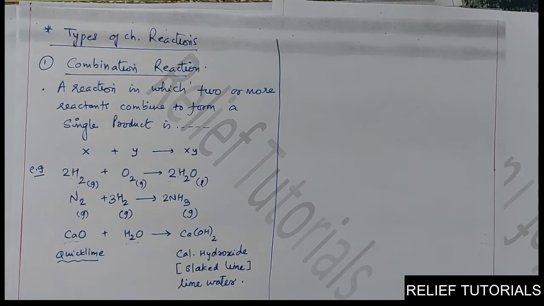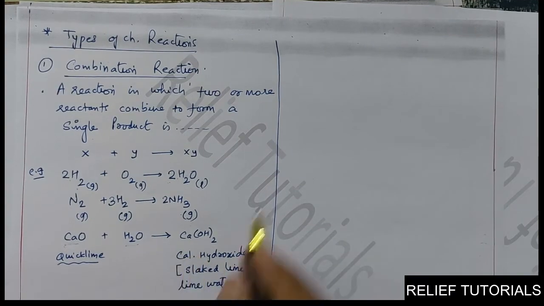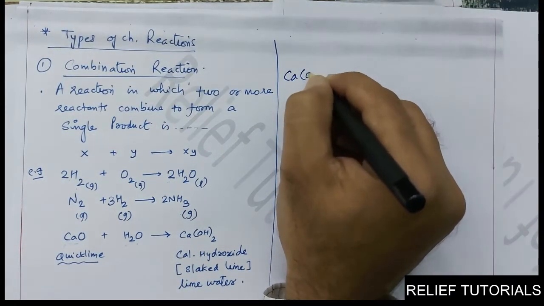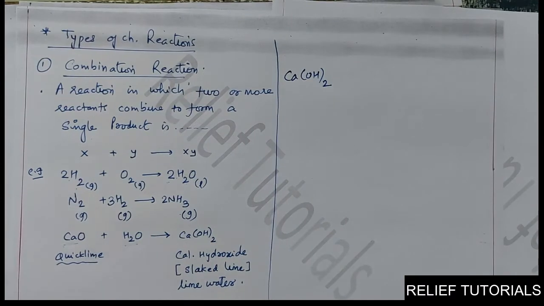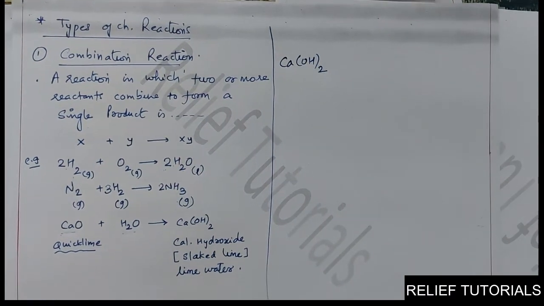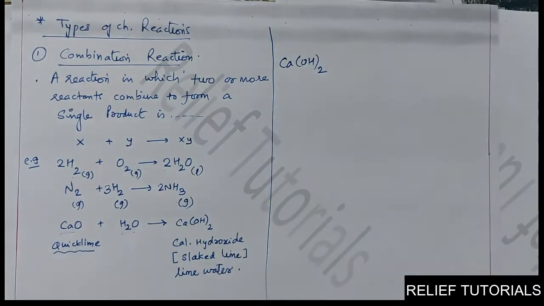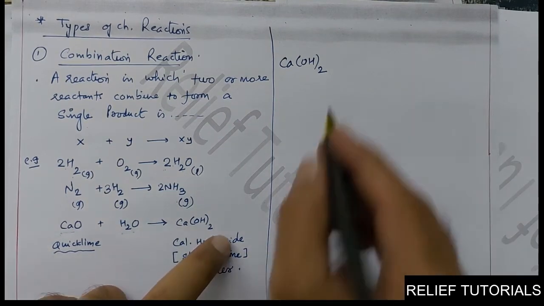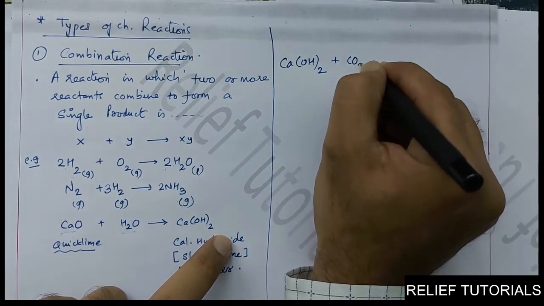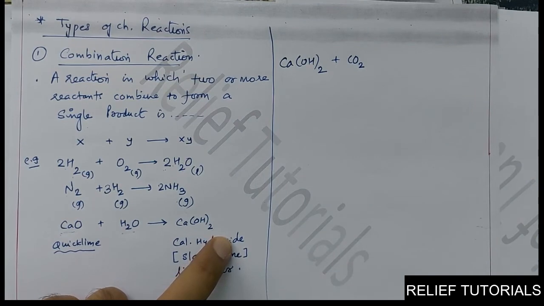Just for your knowledge, this chemical calcium hydroxide, Ca(OH)2, normally this solution is used for whitewashing the walls of houses, factories, furnaces. So when you apply that Ca(OH)2, slaked lime, on the walls, within 2 or 3 days it combines with carbon dioxide of the surrounding.